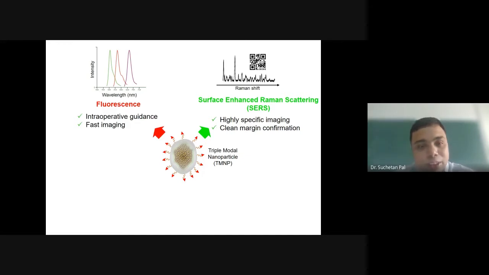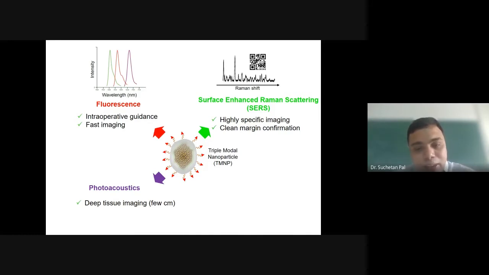Then we have fluorescence, which is used for faster imaging and intraoperative guidance of the surgeon. And third is the photoacoustic modality, which is used for deep tissue imaging. So if you have some cancer which is deep inside your body, it can be detected by this photoacoustic modality.